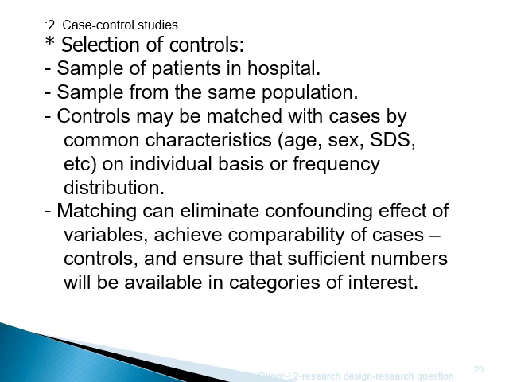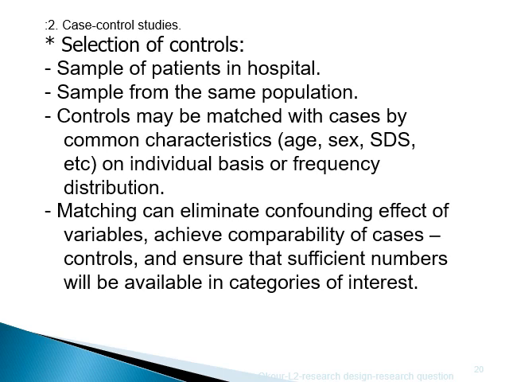Controls may be matched to cases. It means that if I take around 30 cases, I will get around 30 controls. So we match them by age, sex, socio-demographic status.